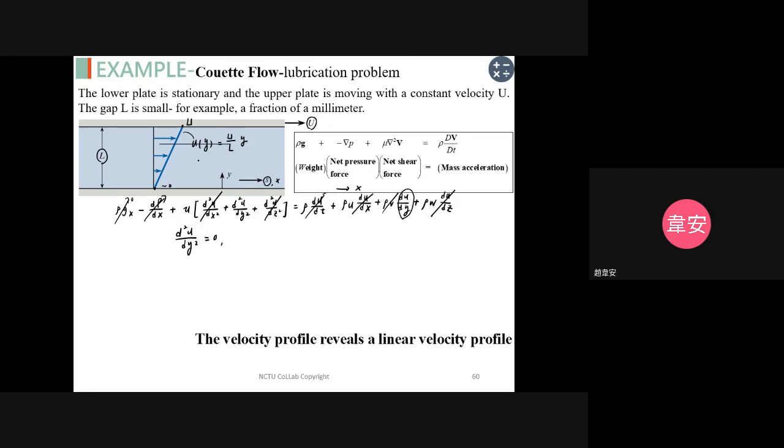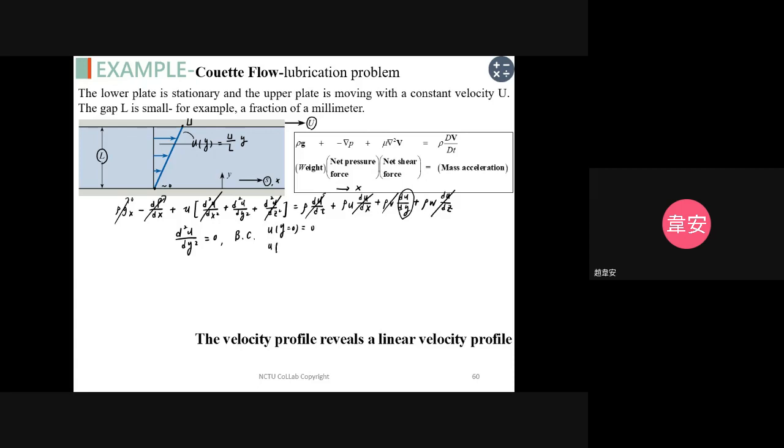Based on these conditions, what are the boundary conditions? First, u at y equal to 0 is 0, the velocity is 0.